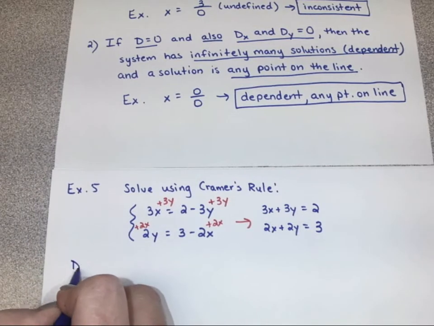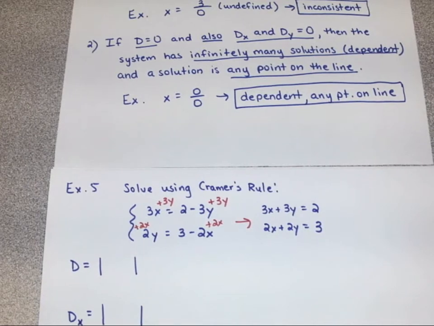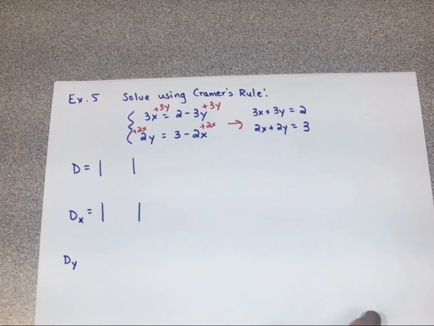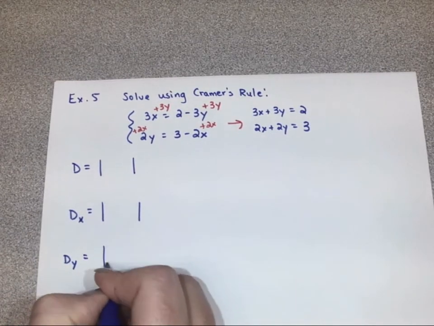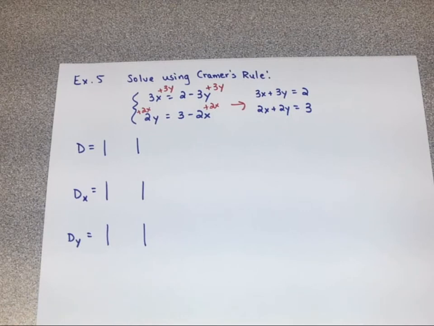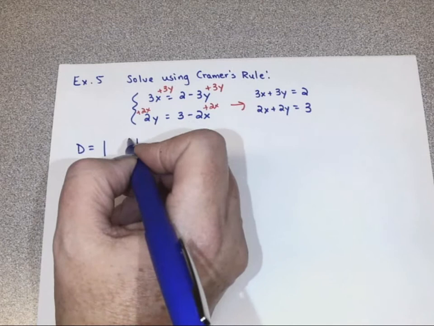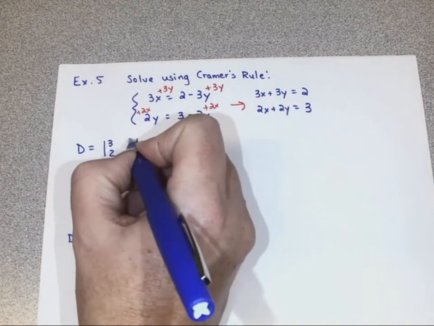So I've got 3 determinants to find. The first one is just the A's followed by the B's.